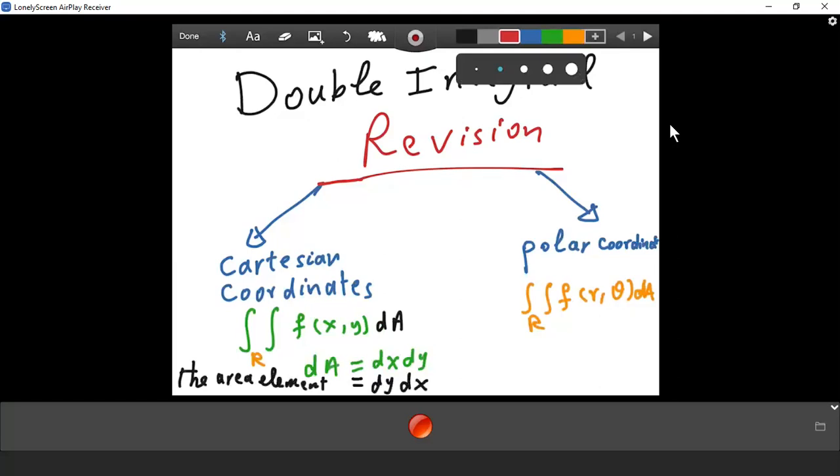The area element in polar coordinates is r dr d theta. So it is very important to distinguish between the area elements in Cartesian, which could be dx dy or dy dx, and in polar coordinates, where dx dy or dy dx corresponds to r dr d theta. Let's go for the Cartesian first.